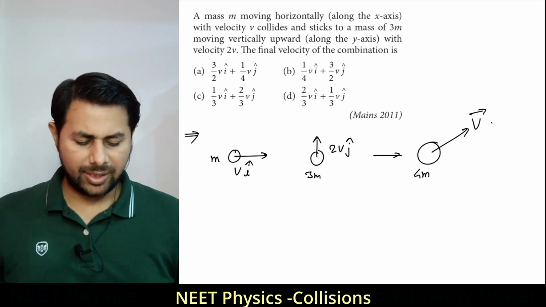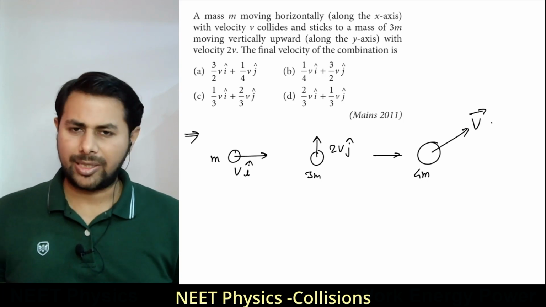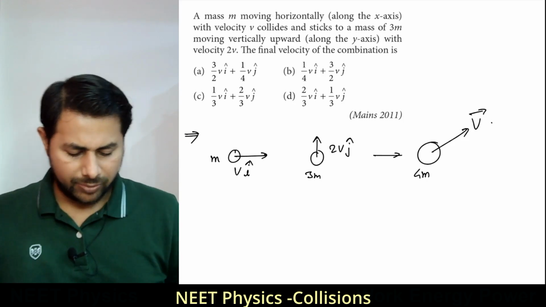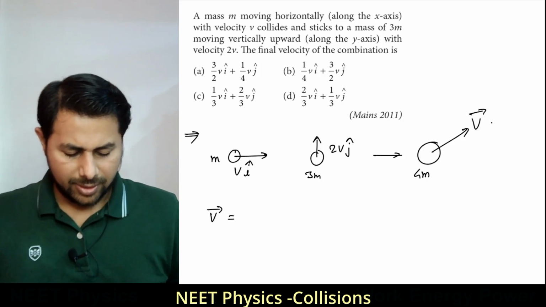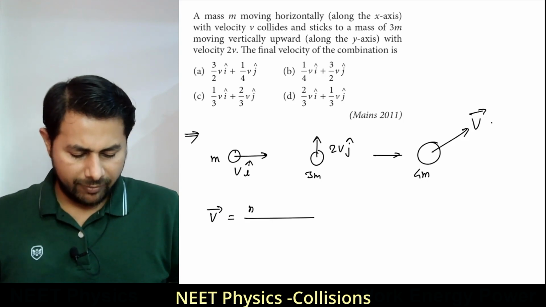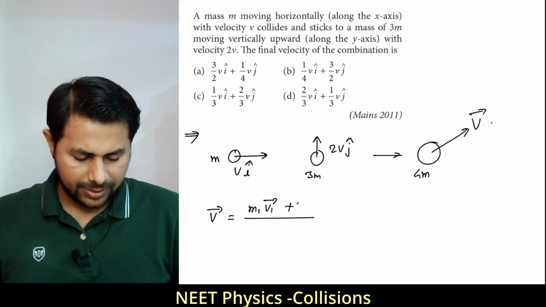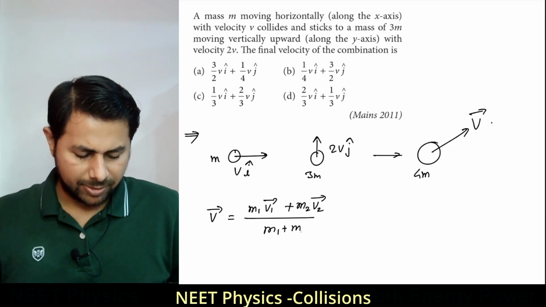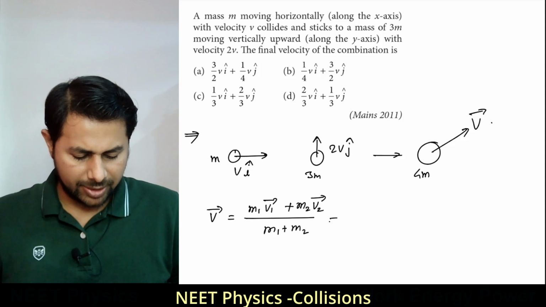We can use conservation of momentum or write down the direct formula. So V bar is m1 v1 bar plus m2 v2 bar divided by m1 plus m2, and then we just put in the values.